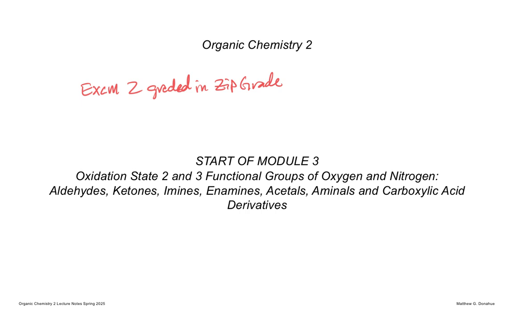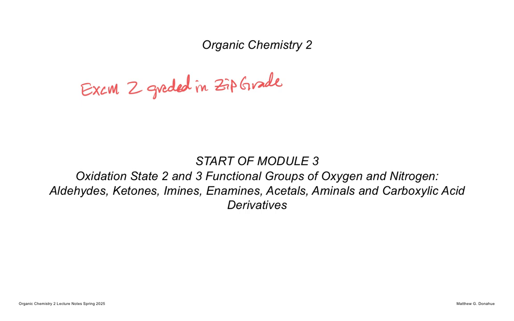And then we have these other new functional groups, acetals and aminals. So it's not animal, it's aminal. And those are functional group equivalents. So you go from oxidation state 2 to oxidation state 2, but you change the bonding pattern a little bit. And then we'll wrap up this module on carboxylic acid derivatives.